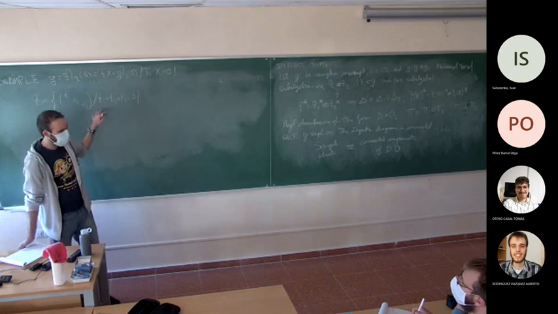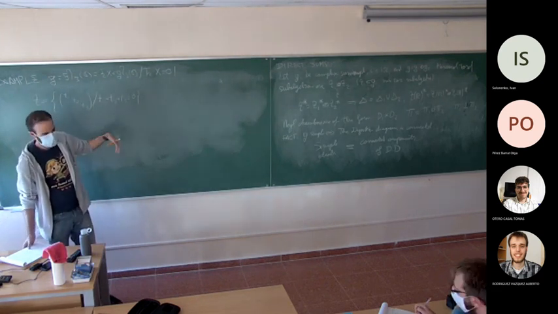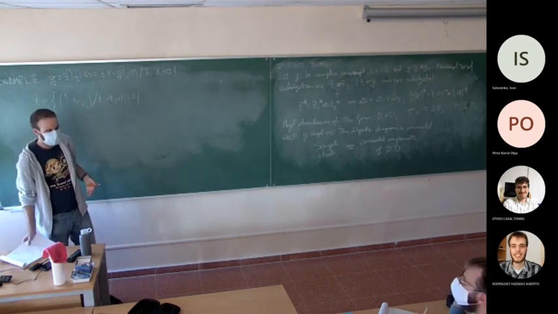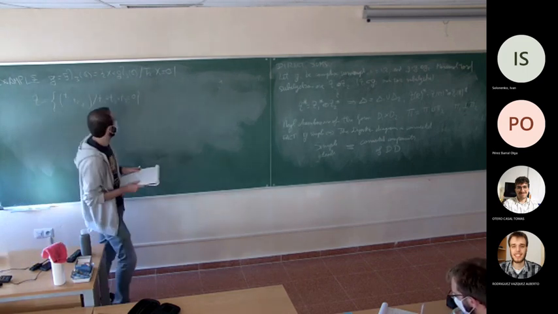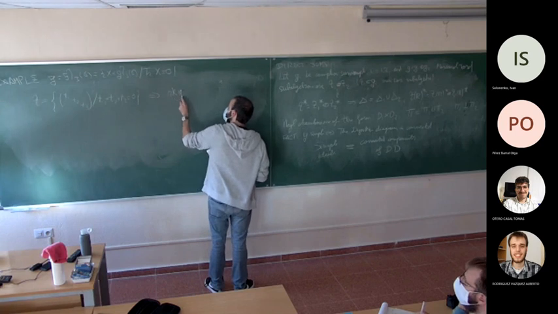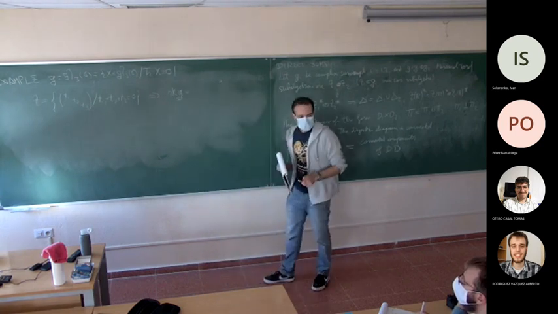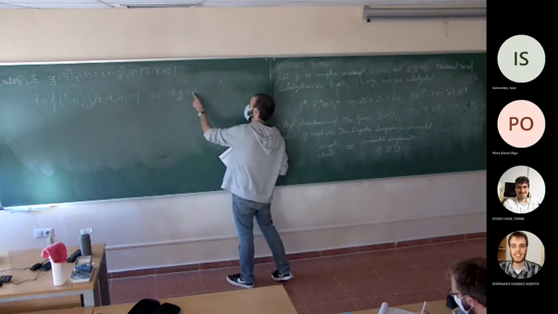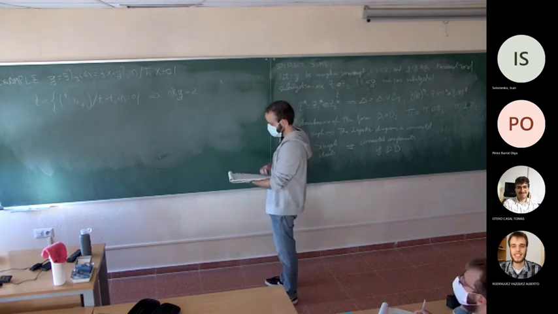This can be shown to be maximal toral because matrices that commute with diagonal matrices are diagonal. So which is the rank? The dimension is 2.